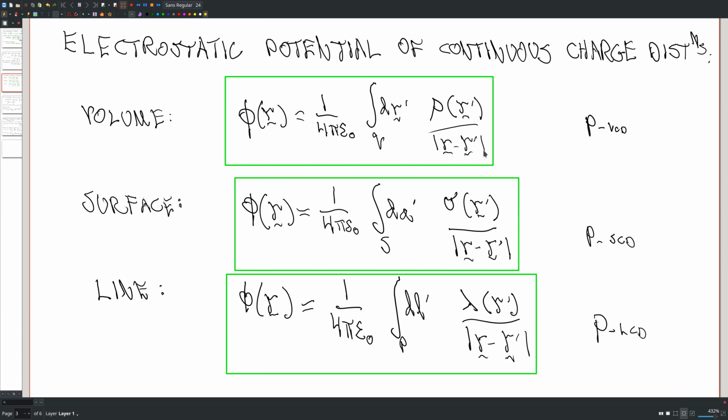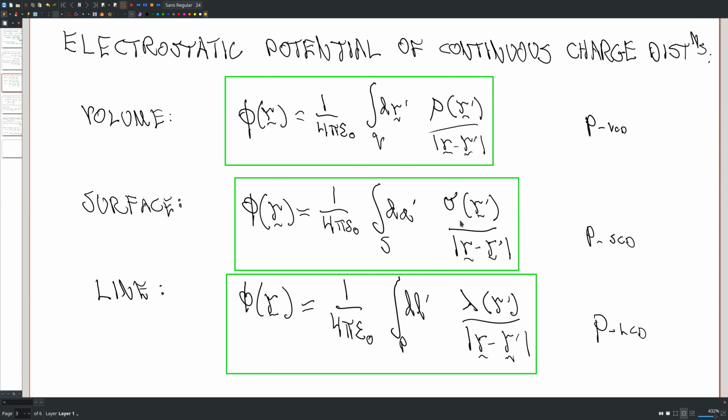Okay, so for volume charge distributions, it's just like that. For the case of surface charge distributions, maybe you've got charge sheets. Then you would just integrate once again the charge in a certain place with 1 over the distance to the evaluation point. But now you would do a surface integral, and you would have a surface charge density, traditionally denoted sigma.